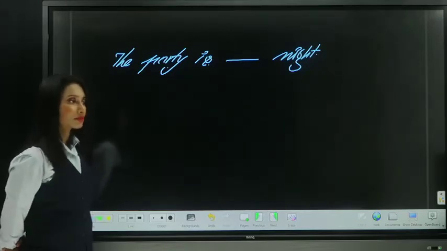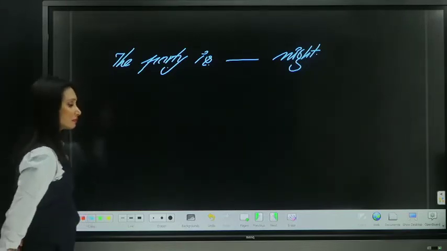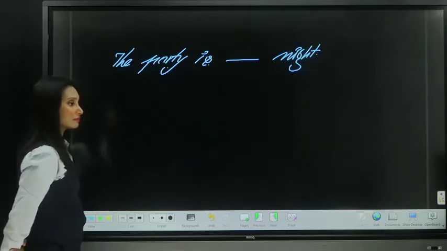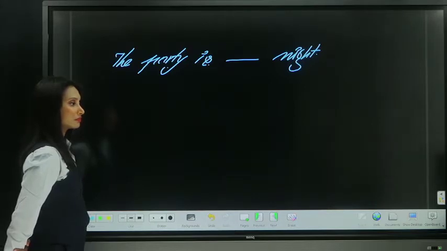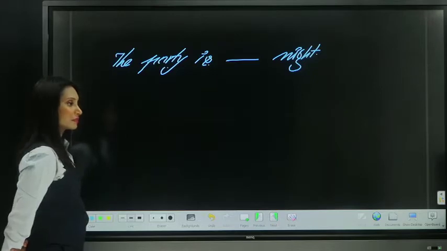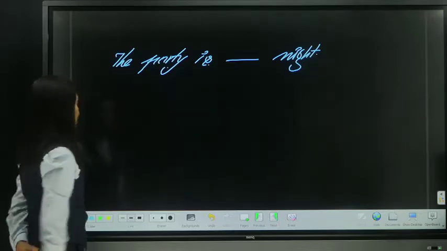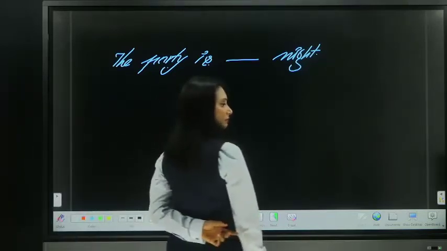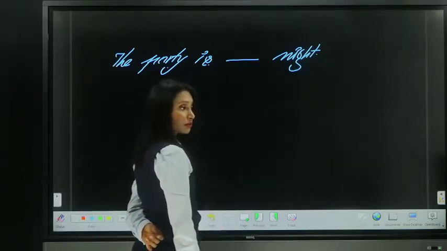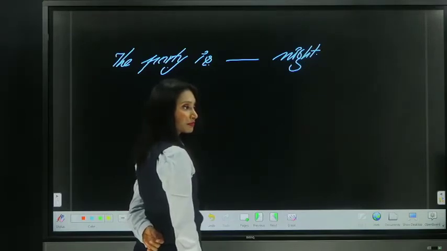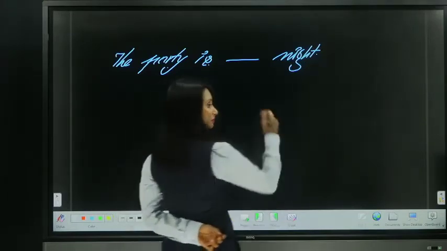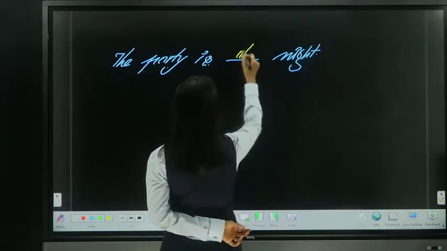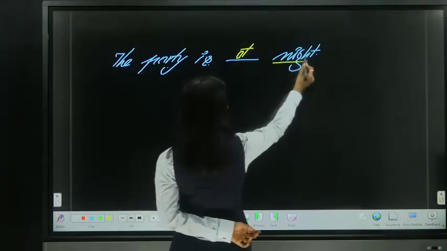Good, Swapna. What about other guys? Okay, Sunny. Good. Other guys? Akash, Srinivas Rao. So it is "at night", because of the word night.